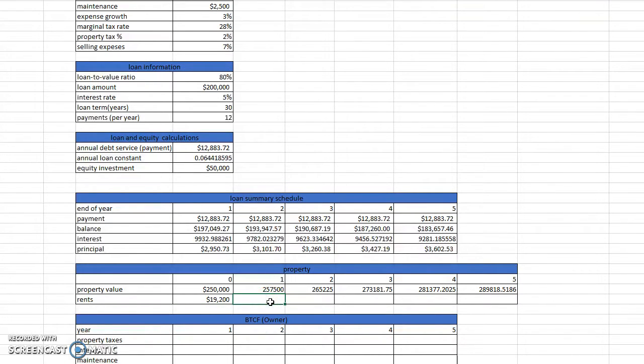For year 0, and then for the second year, we'll take the first year times 1 plus the growth rate again.